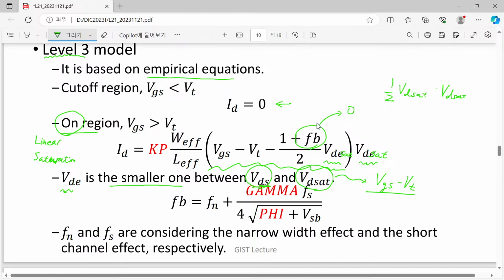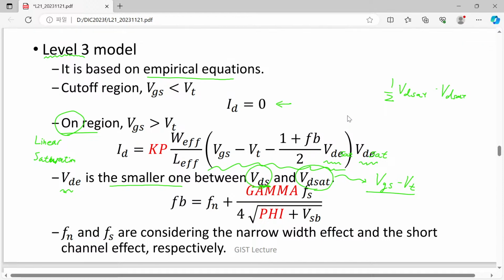However, if it is so, there is no difference between our model level 3 and level 1. The point is, here we introduce a certain expression for FB.